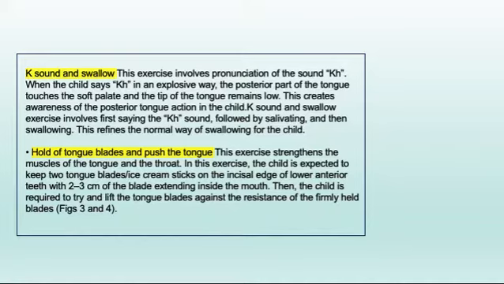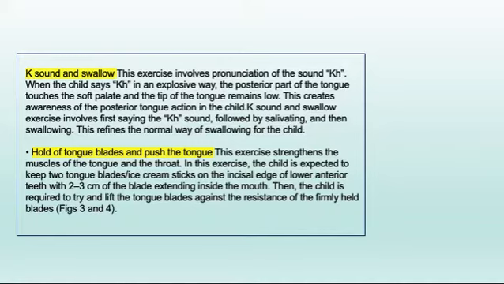This creates awareness of the posterior tongue action in the child. The K sound and swallow exercise involves first saying the K sound, followed by salivating and then swallowing. This refines the normal way of swallowing for the child.